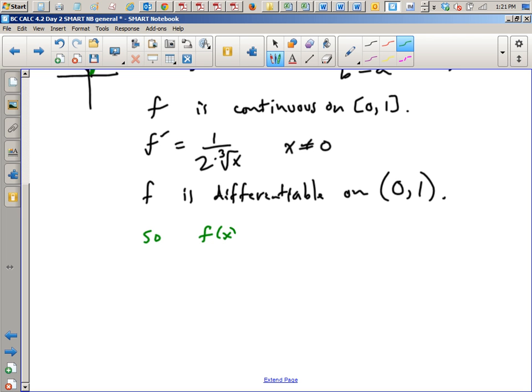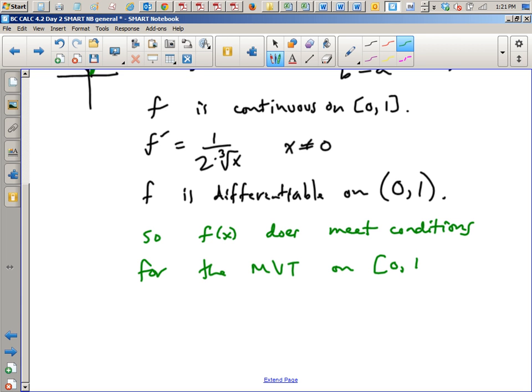So f of x does meet the conditions for the MVT on the interval 0 to 1. Okay? So now it's time then to find c. Since that was a success, we now need to find c. So this becomes very much like a formula now.